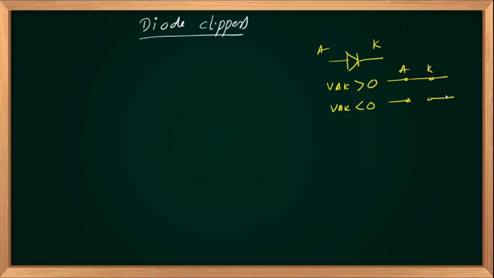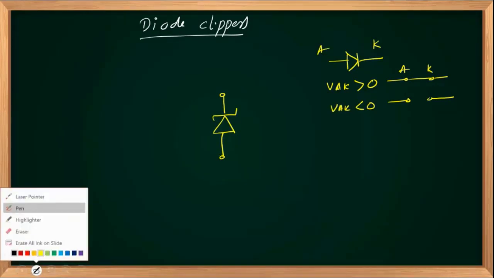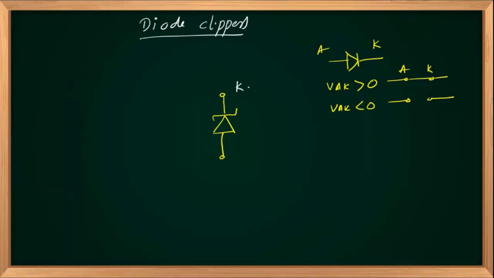Now let us bring our Zener diode into the circuit, and this is the circuit symbol of Zener diode. The upper terminal here is called cathode, lower one is anode.